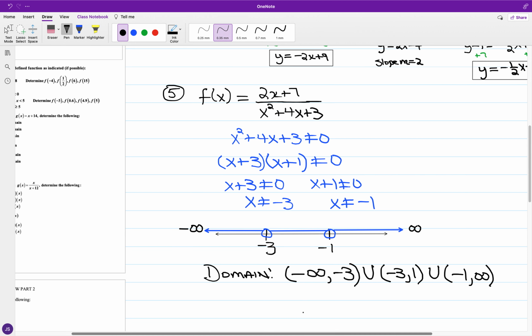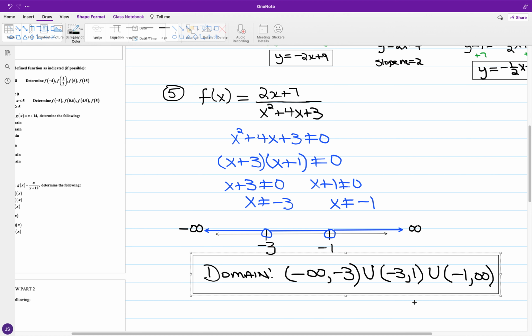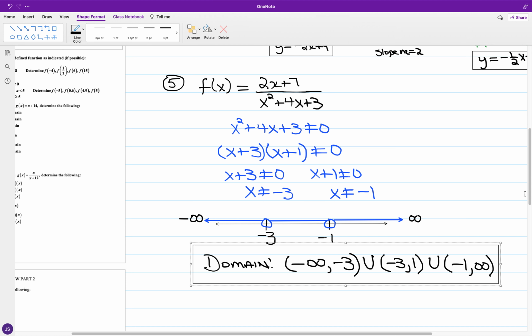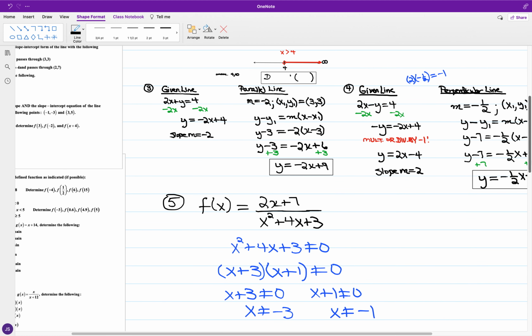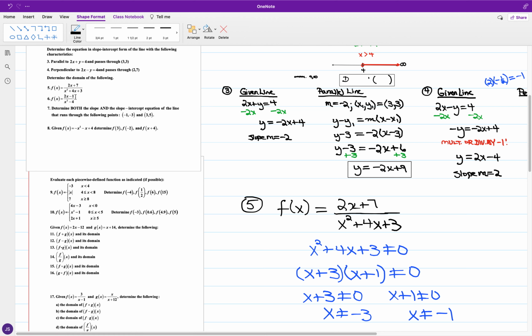And now for number 6, we have another rational function, and in this one you have 2x minus 1 all over x squared minus 4.